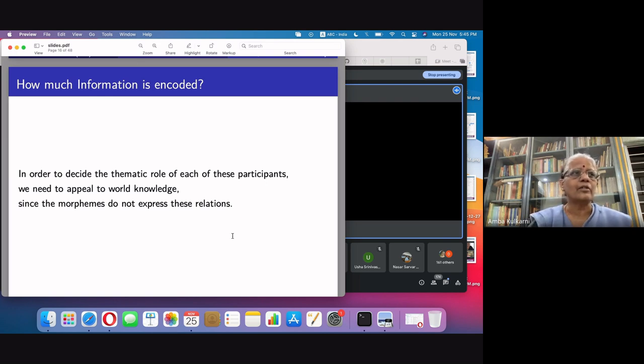Even now we use locks with keys, okay, but I can imagine in a few years from now, or even now also, there are several examples of sliding doors. You just stand in front of the door and the door automatically opens.